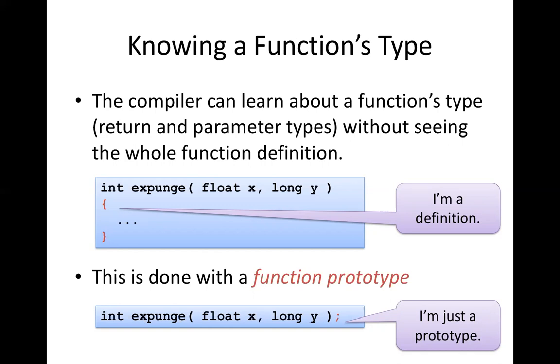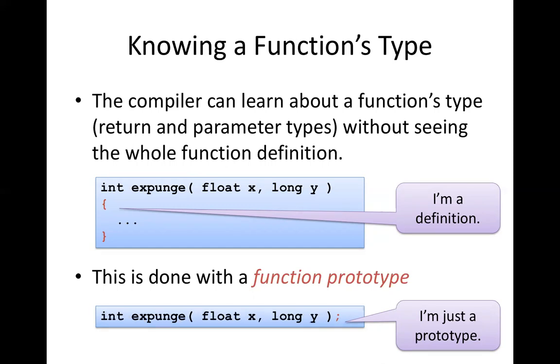A prototype looks just like a function definition, at least the header, except instead of having a body, it just has a semicolon. This tells the compiler, oh, there is a function named expunge, and it takes a float and a long and returns int, but I guess you didn't tell me what its definition is. I hope you're going to tell me about that later.